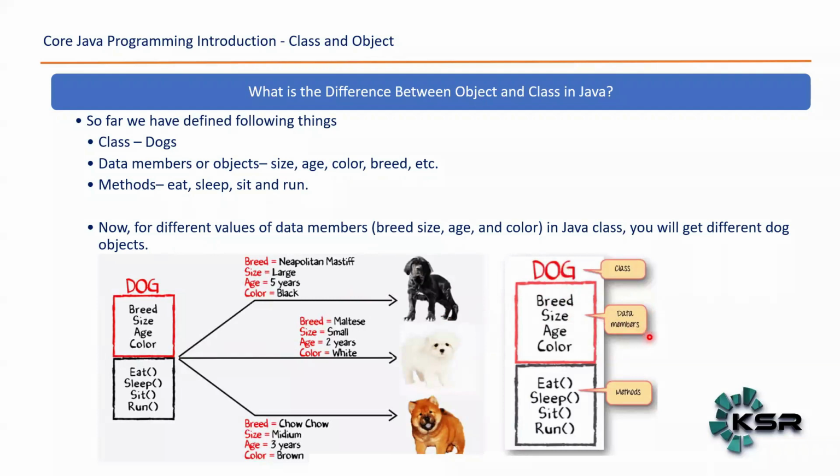Dog is the same, our data members are constant, right? But the input value is different. Each and every data member value is different. It could be large or small or medium. The age is different, color is different, and all the data members. Methods are the same. The action for all the dogs is the same. But characteristics are different.